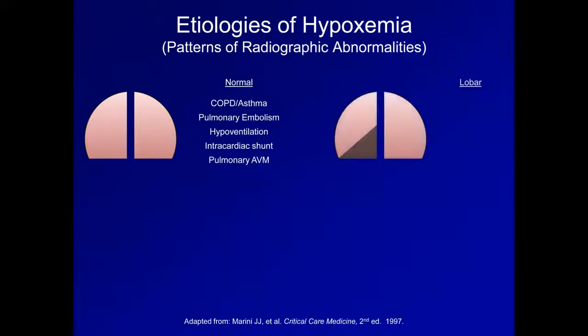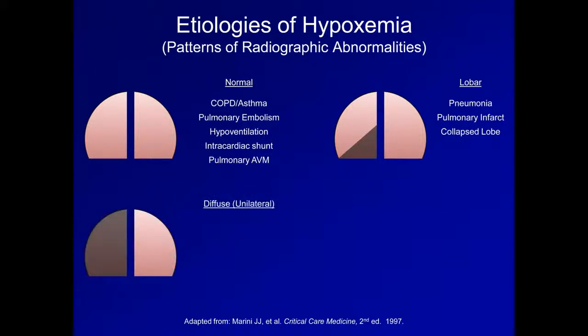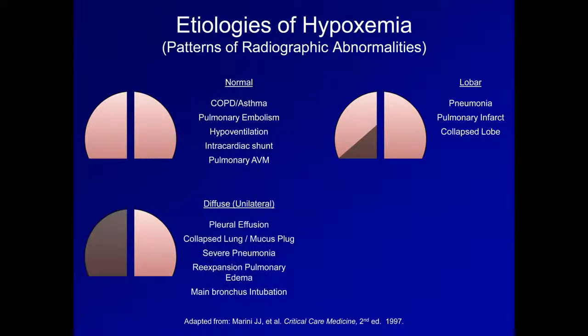Next, the lungs could have a single lobe that appears abnormal. This most obviously suggests pneumonia, but could also be seen with a pulmonary infarct or collapsed lobe. Then, with diffuse involvement of just one lung, one should consider a large pleural effusion, collapsed lung or mucus plug, severe pneumonia, re-expansion pulmonary edema occurring after a large effusion has been drained, or intubation of the opposite main bronchus.